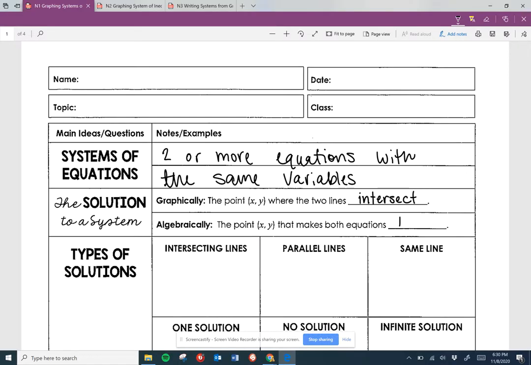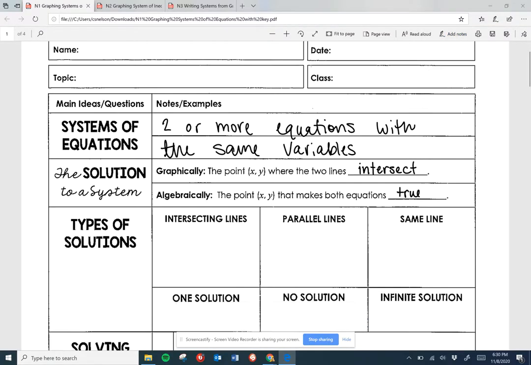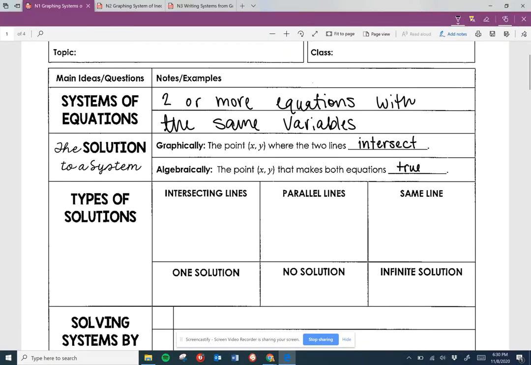Okay, there are three types of solutions for systems of equations. The first type is intersecting lines. If we have two lines that intersect like this, then the intersection is the solution, and that's just going to be an x value and a y value.